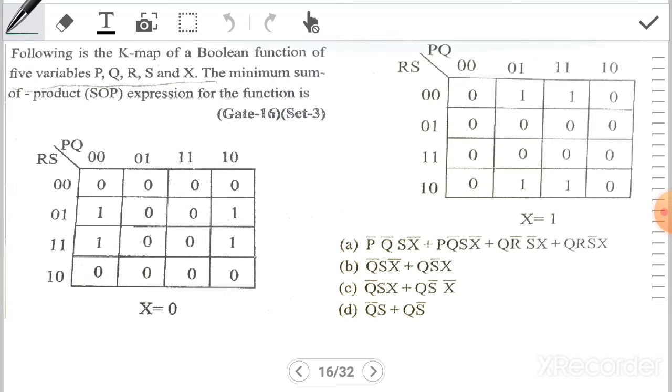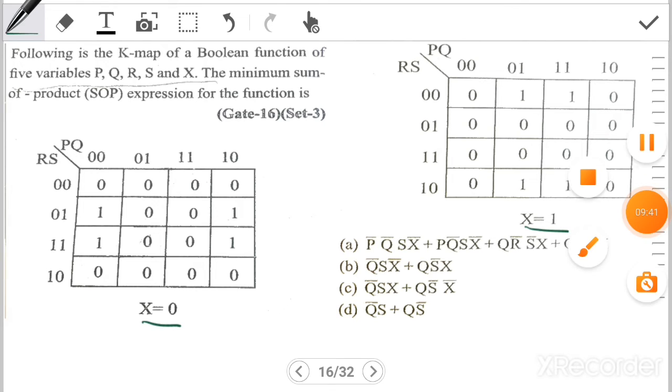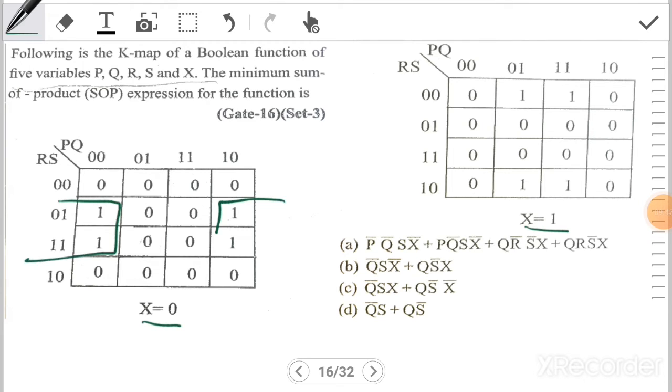So next question is, following is the K-map of a Boolean function of 5 variables P, Q, R, S and X. The minimum sum of product expression for the function is. So we are given x equal to 0 and x equal to 1. So we can group here for these two cells and these two cells, 4 cells together, and these two cells and these two cells.